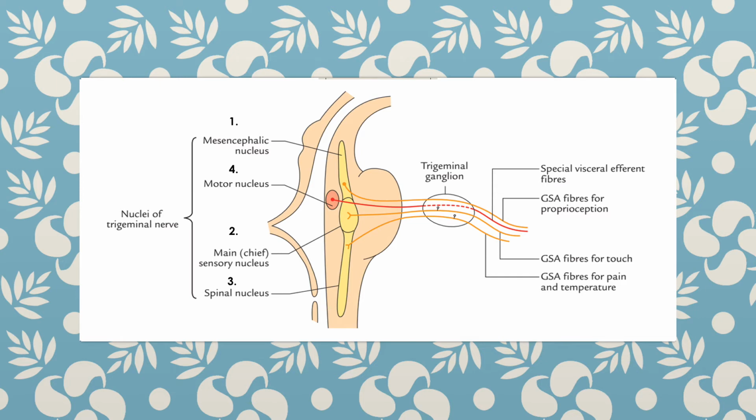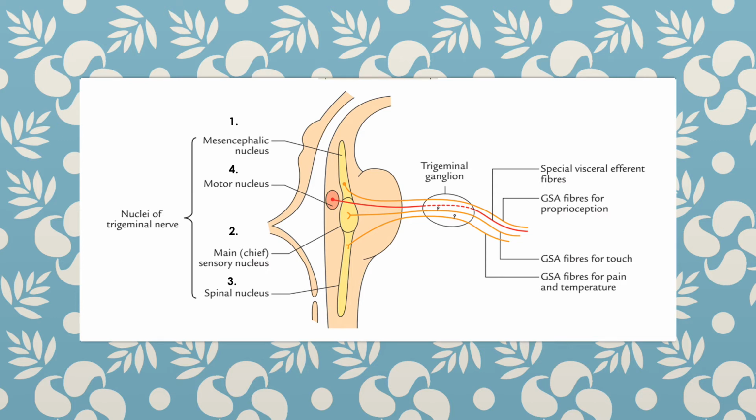It is present in the midbrain. Then we come to the main sensory nucleus, present in the upper part of the pons. Then the spinal nucleus continues from the caudal end of the main sensory nucleus up till the level of the C2 and C3 segments of the spinal cord.